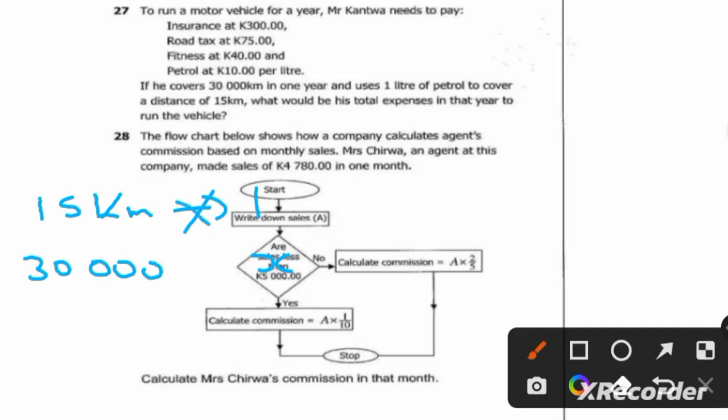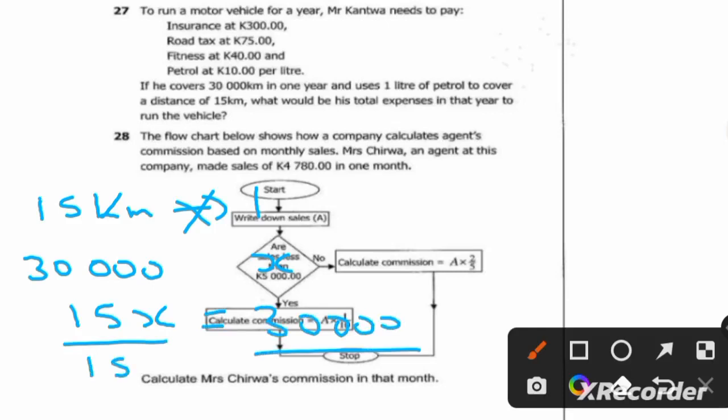So we are going to say 15 times x is equal to 15x, and 1 times 30,000. Here we divide by 15 on both sides.